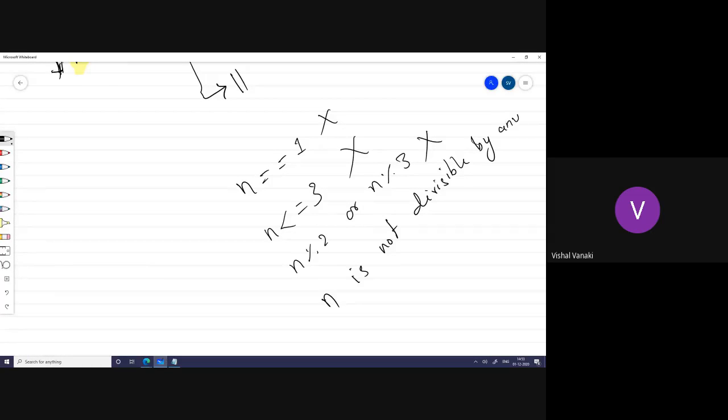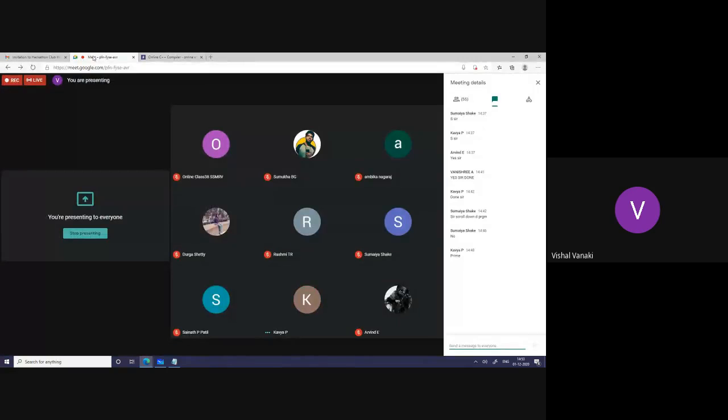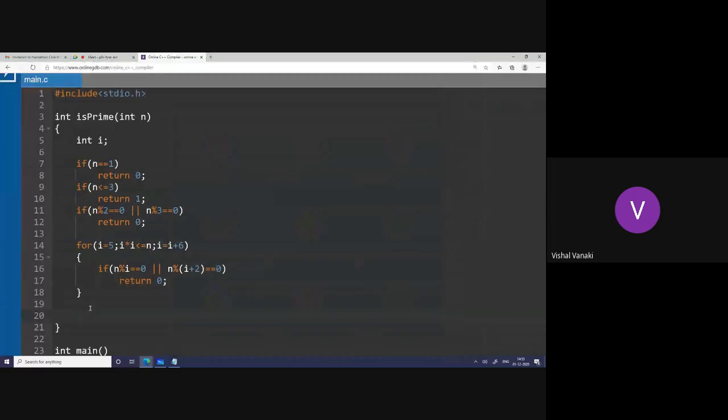Then what is the given number? Come on guys, if the number is not divisible by any prime, then it is a prime number. So return 1 at the end. That's it. This will check for all the prime numbers. This is the fastest way of checking whether the given number is prime or not, right?